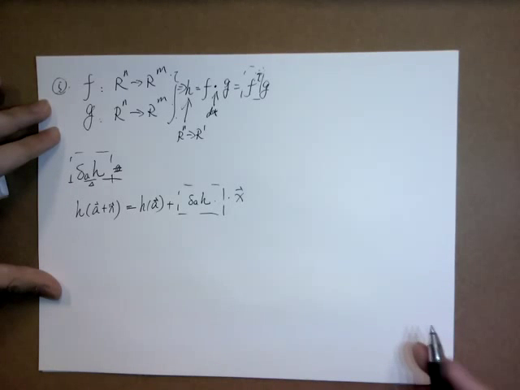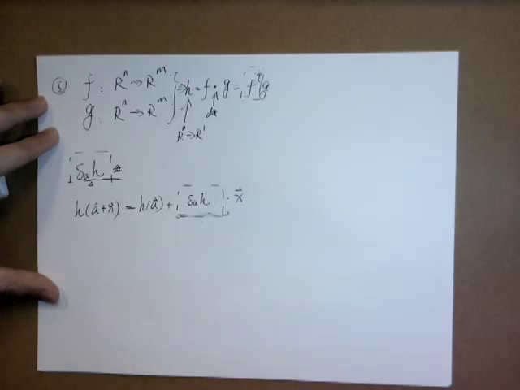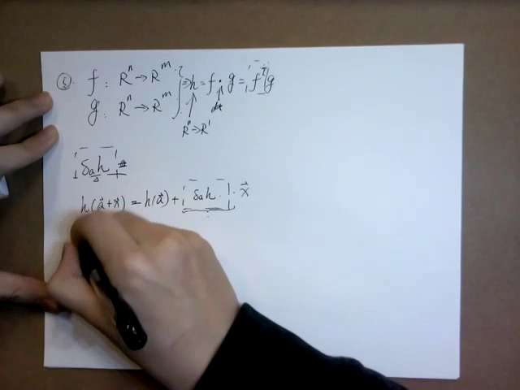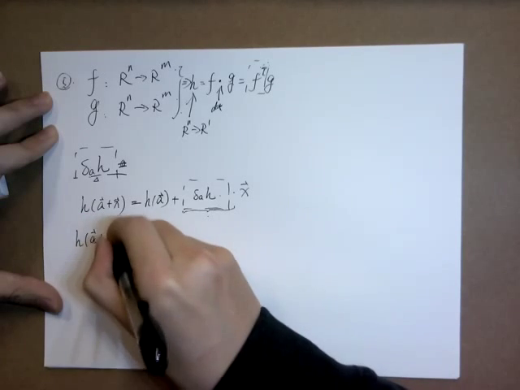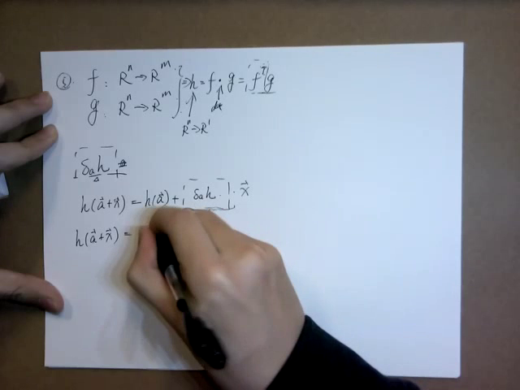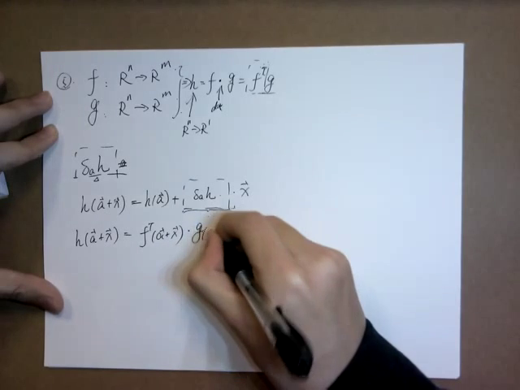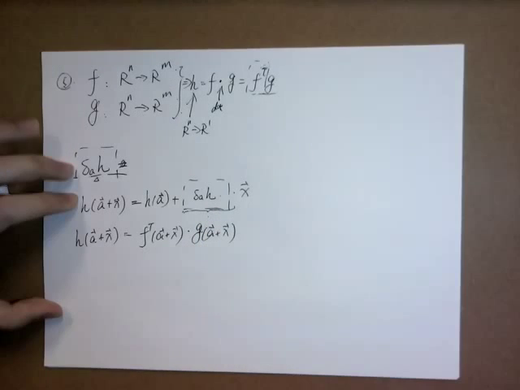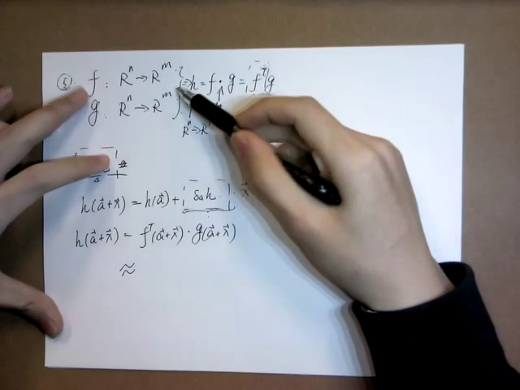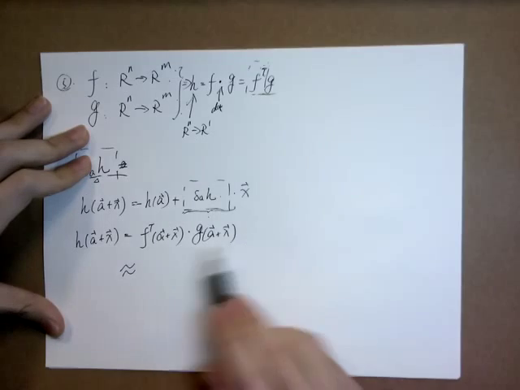All right. So now it becomes easier, because all I want to get is this one. So what is this one? h of a plus x, I can write as f transpose of a plus x, multiplied by g of a plus x. And because we know the Jacobian matrices of both f and g, we can linearize those functions at the point near a.